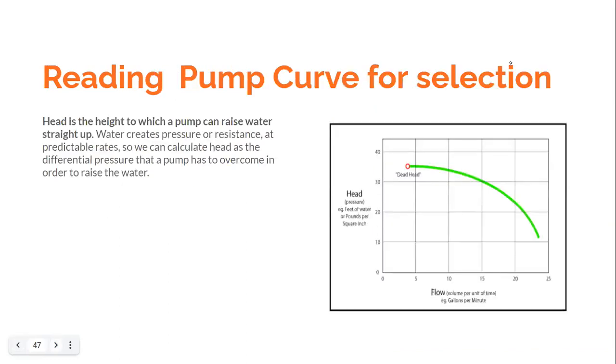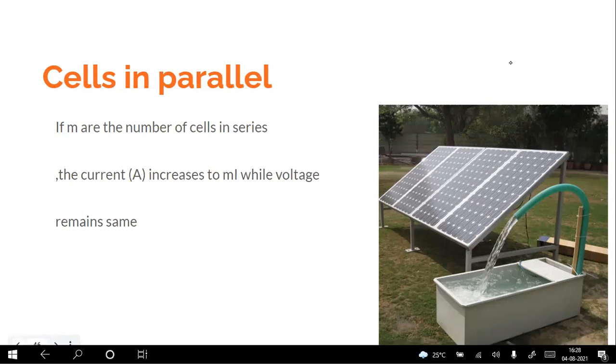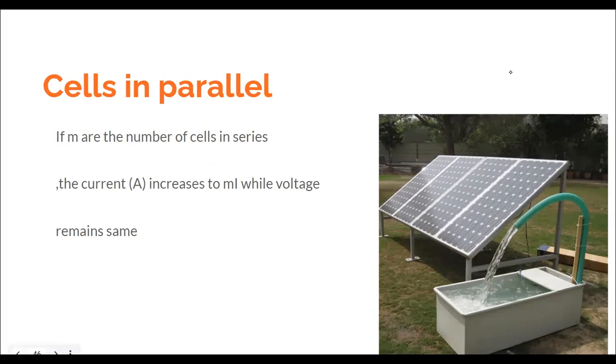With this understanding, we will now try to solve a numerical which would help us understand the concept much better. So let us move to the numerical as to how we actually select a PV module. Let us take a typical case. First I will take a case of a DC pump.